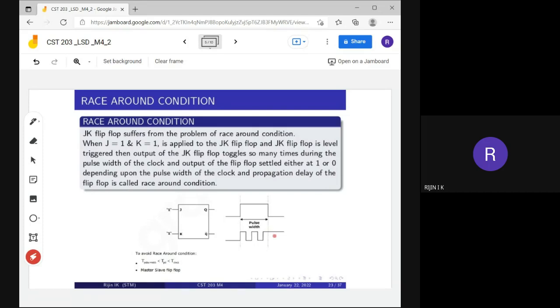The output will be in an undetermined state; we cannot predict the exact state at that time. That is the race around condition.